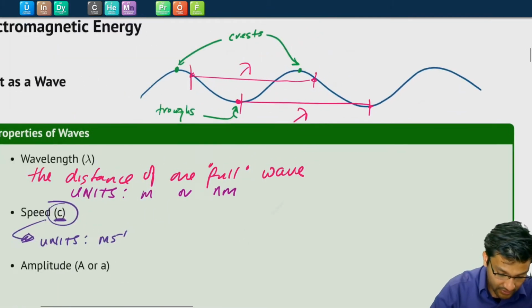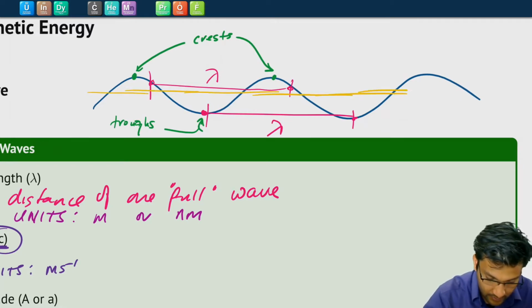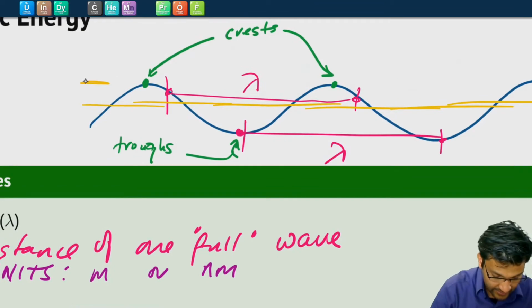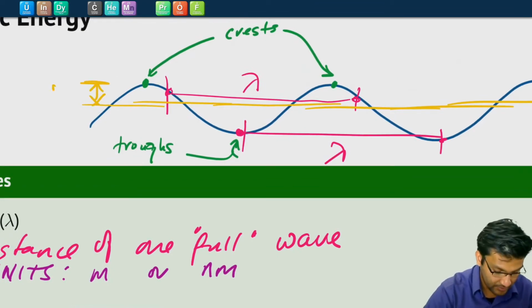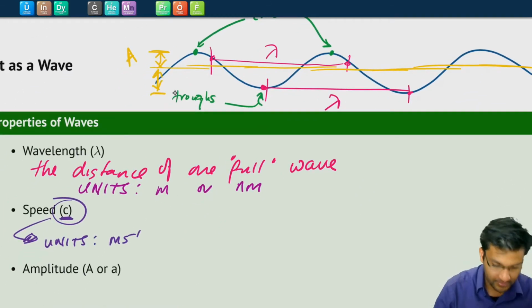The amplitude of the wave, so let me draw a middle line there. The amplitude of a wave is the height of the wave from the middle up to the top. That's the amplitude. So that will be another amplitude going down.